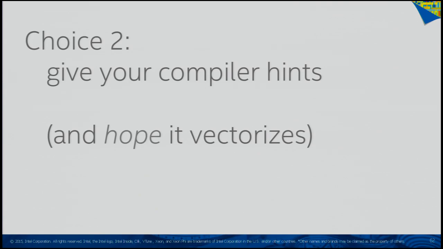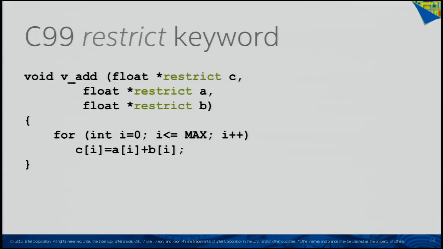The other thing is you could start giving hints and hope that it vectorizes, because hints all they do is kind of nudge the compiler closer. Well, the C99 standard, not C++, allows you to use this restrict keyword. By the way, all the C++ compilers I know of have a switch to allow this extension to C++ as well, even though the C++ Standard Committee hasn't gotten around to adding this yet.